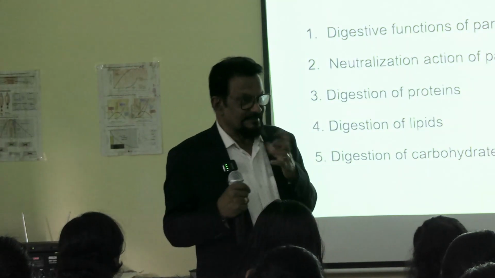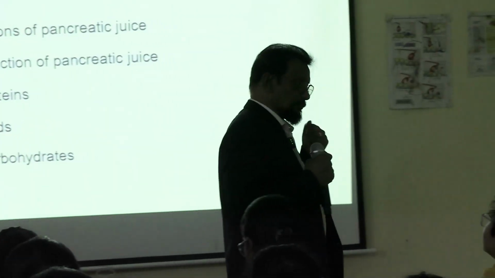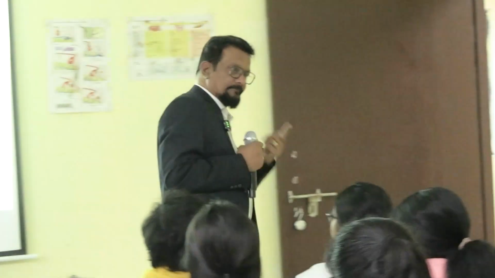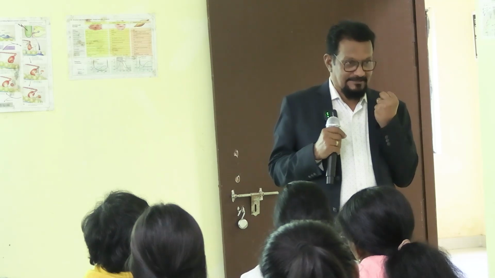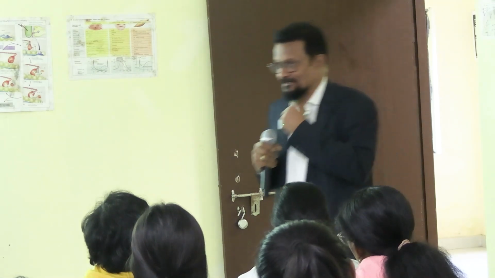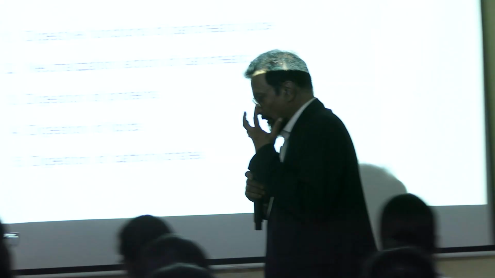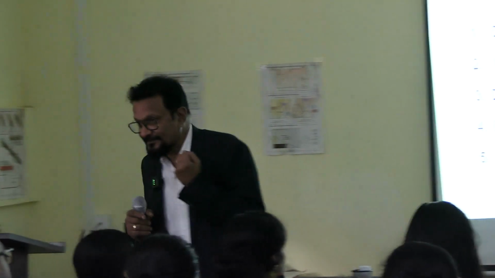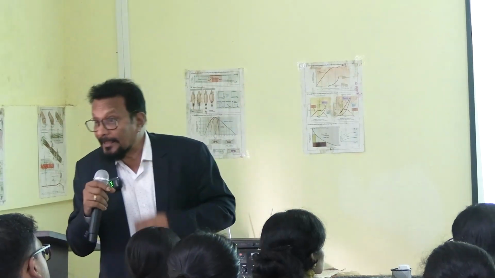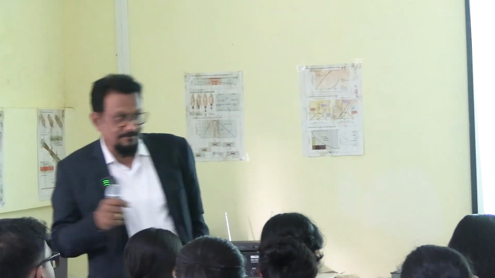For functioning of the cells, for functioning of the body, we will need energy. To get energy, there are some nutrients. The nutrients which can provide this energy are called calorigenic food.